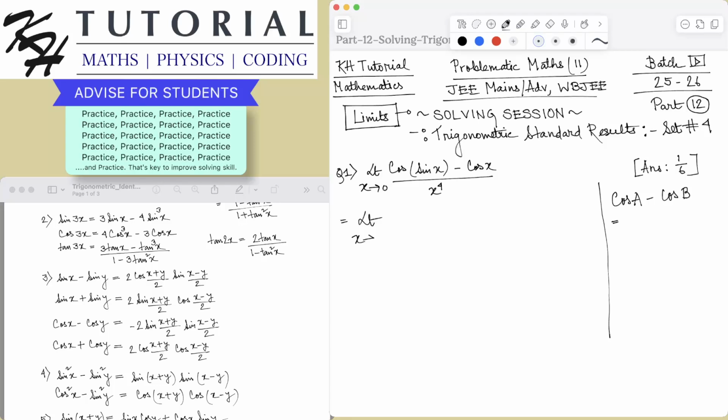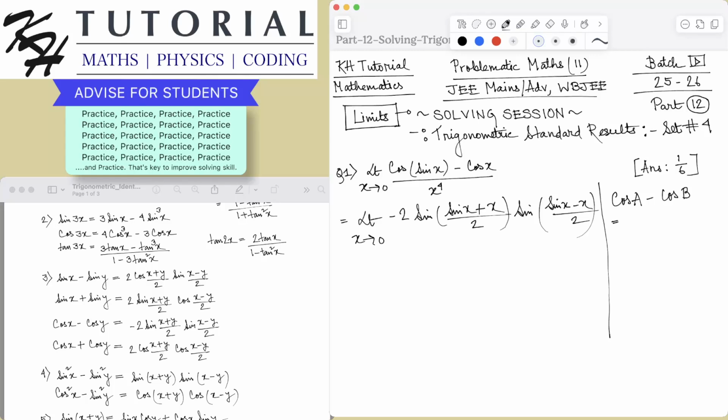So limit x tending to 0, negative of twice of sin (x plus y) by 2. Now x over here is sin x and y is x. So sin ((sin x plus x) by 2) multiplied by sin ((x minus y) by 2), that is sin ((sin x minus x) by 2).